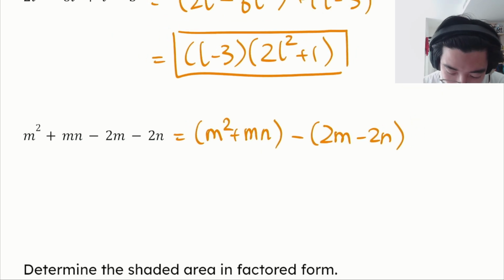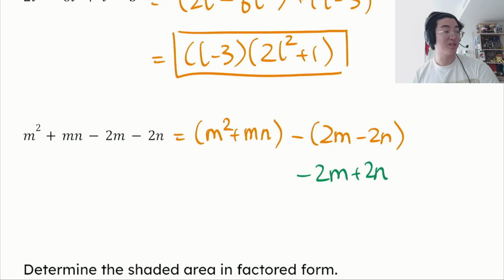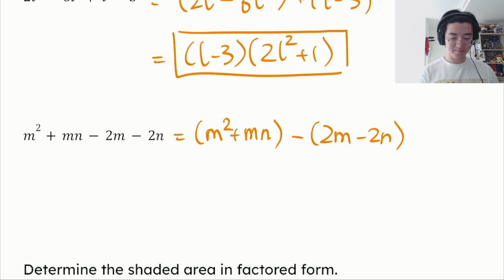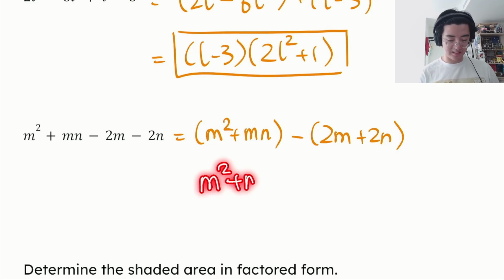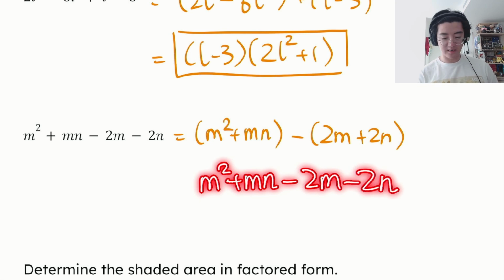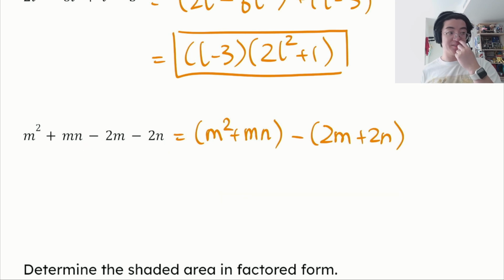Because when we take the brackets back out again, we'll get minus 2n plus 2n. So we have to make sure that we flip the signs when we put it into brackets. Because when we take out the brackets again, we flip the signs and it goes back to the original question. So be very careful here.